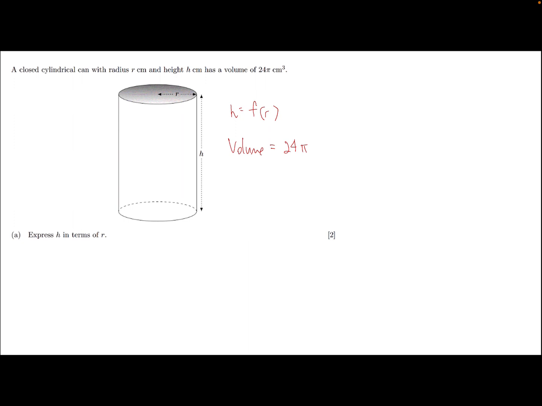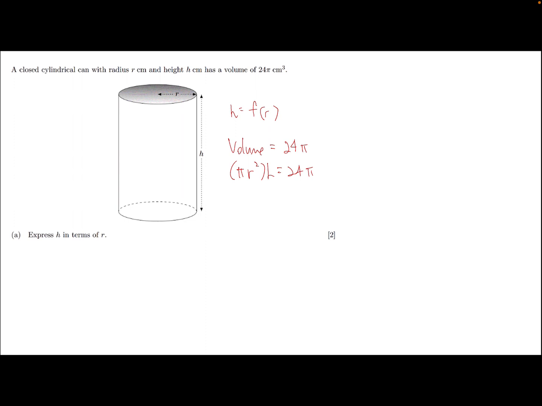It's easy to look up online, or if you have a formula booklet in front of you, if you're an IB student or an AP student, you can leverage the prior learning section of those formula booklets. But for volume, it's pi r squared times h. So pi radius squared, that's the area of the base, times stacking it up h times. And that's equal to 24 pi, given in the question.